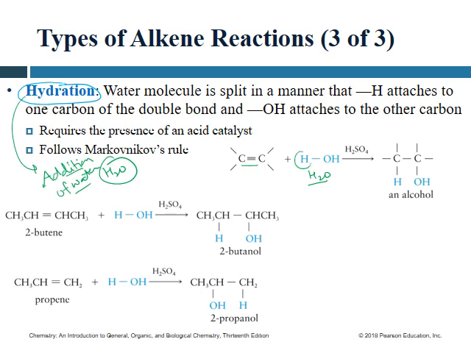So the hydrogen will go according to the Markovnikov rule. Hydrogen will go to that carbon across a double bond that already has a higher number of hydrogen, and OH will go to the other carbon of the double bond, right? And then this is going to make an alcohol. So later on, when we talk about this functional group OH, we will know that this is an alcohol. So right now, just remember, whenever you add water across a double bond, you always make an alcohol.